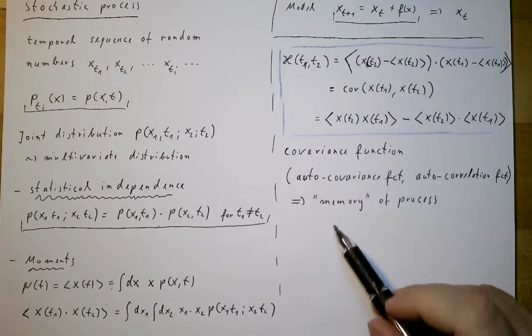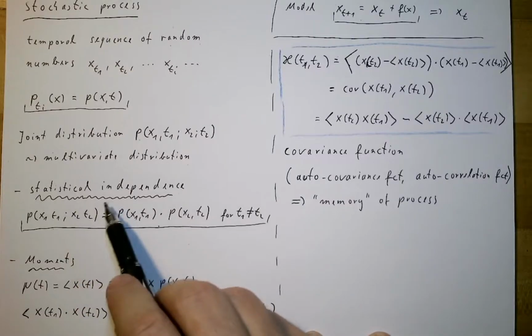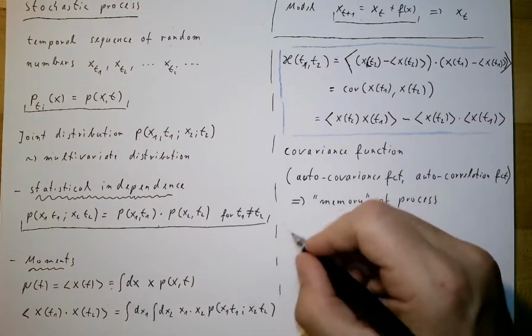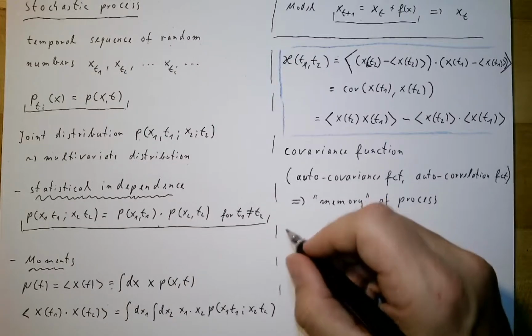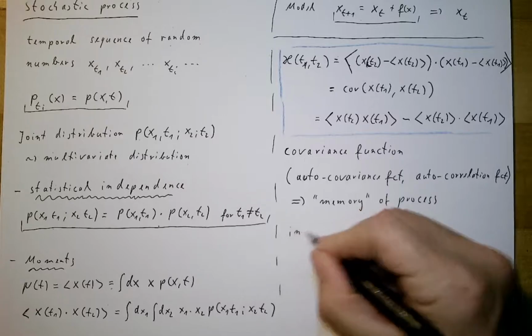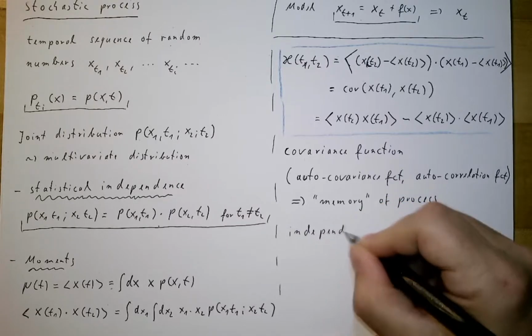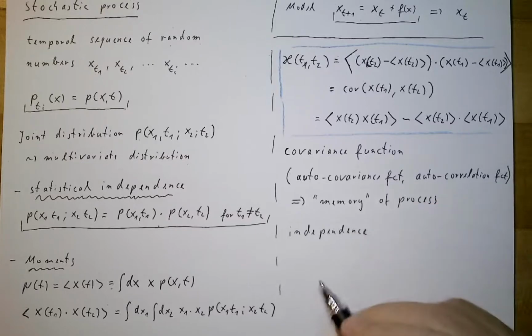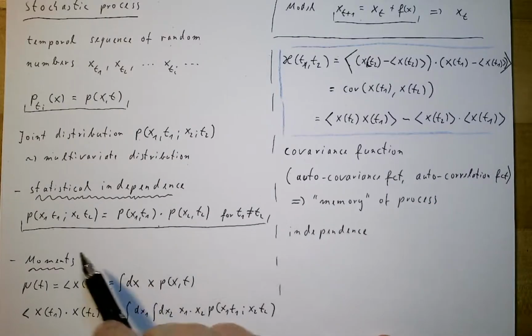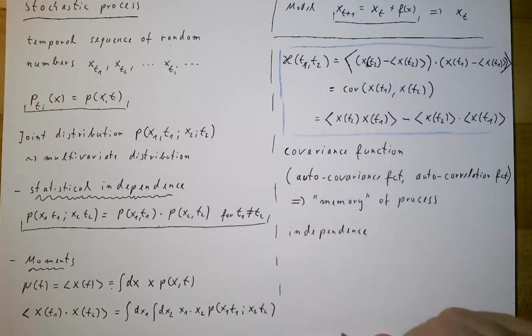So now the most simple case that is possible is that we have independence. Let's assume our process has independent random numbers at different time points. Then we know for independent random numbers the covariance is 0.